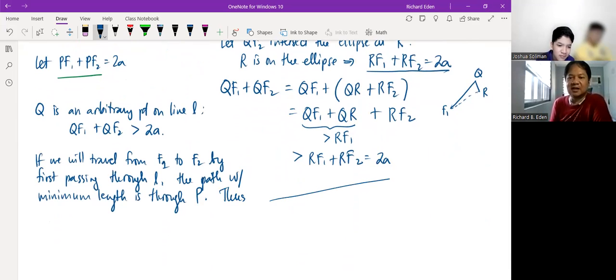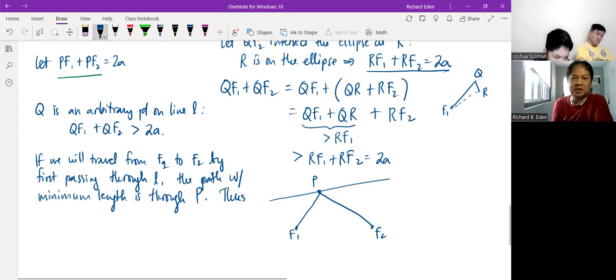So for that to happen, if this is point P, and these are the two foci, F1 and F2, then point P is where we get the smallest possible length of the path. So the angles should be equal.